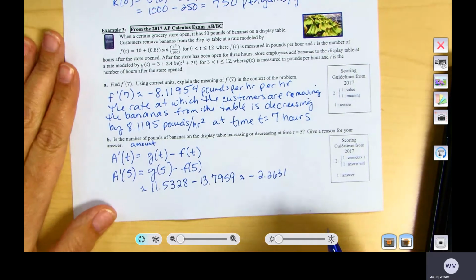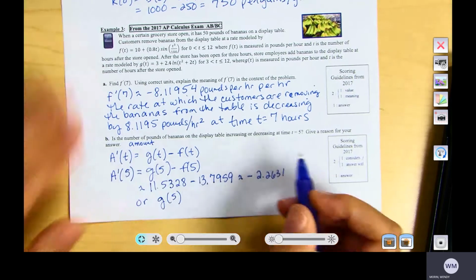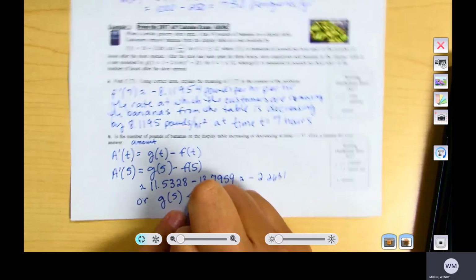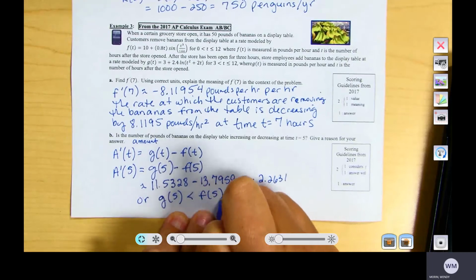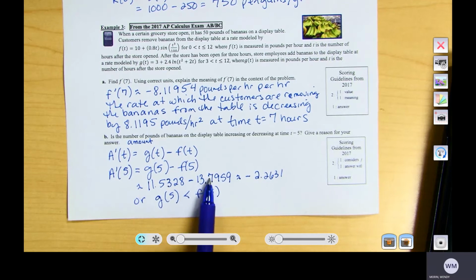Okay. Or you could say g of 5 is less than f of 5. So your rate on is less than your rate off.